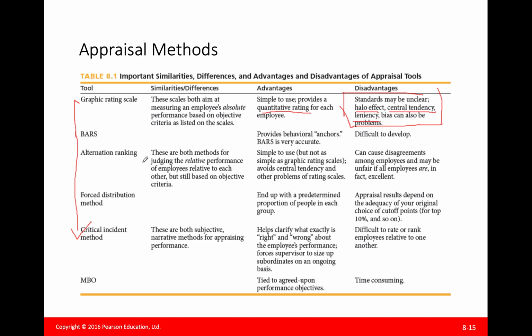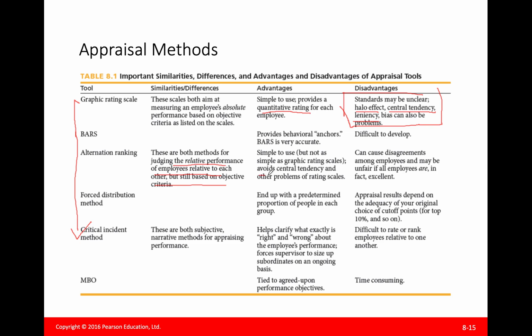Alternation ranking. Yeah, alternation ranking is the alternating evaluation method. We rate the employees on a scale from highest to lowest, and everyone has a position. It is easy to use, simple to use.